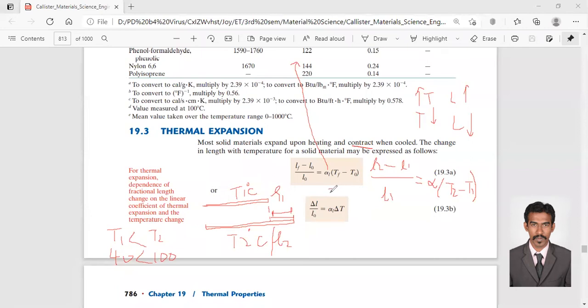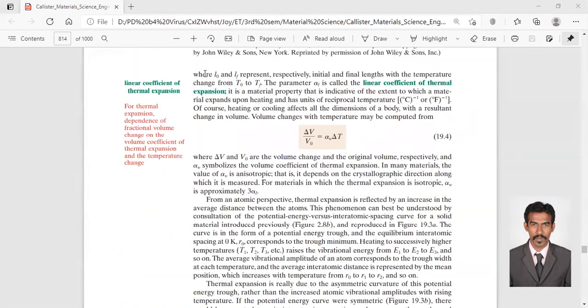This way, or this way, or this way, these all are the same: delta L upon L naught is equal to alpha into delta T. Or else final length minus initial length upon initial length will be equal to alpha into final temperature minus initial temperature. These two are the same formulas, only written in different formats, where L0 and LF represent respectively initial and final lengths.